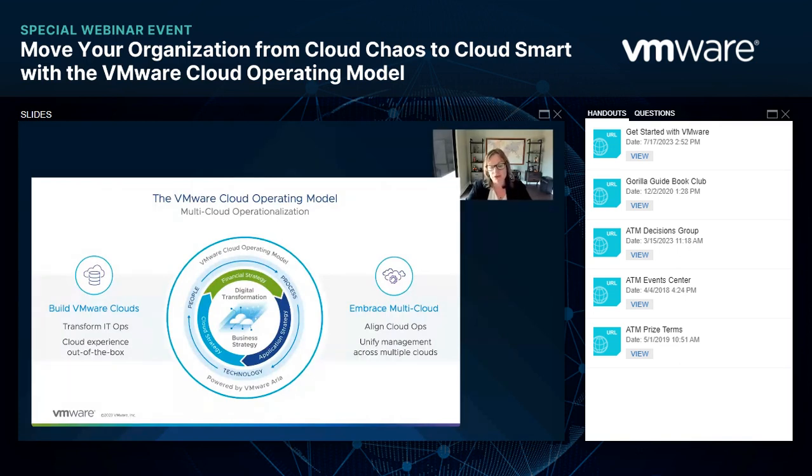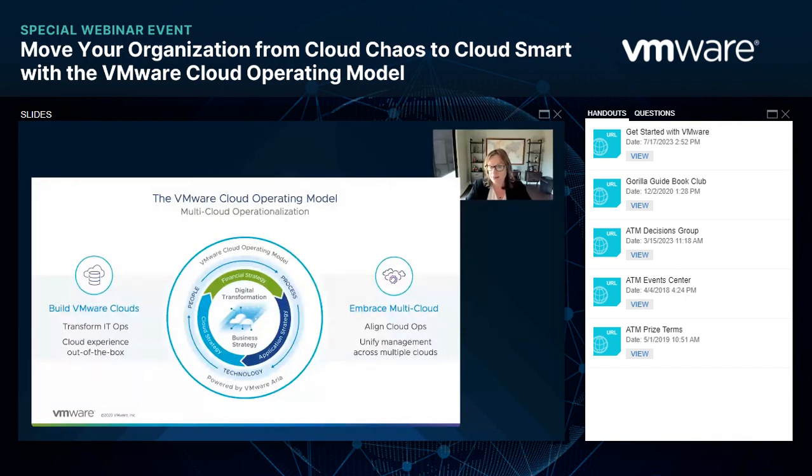And that is to transform those vSphere software-defined data centers into true clouds, to add those capabilities that really take your virtualized infrastructure and make it a cloud, the pooling of resources, the automation that will allow self-service of resources on those environments, to really give you that cloud experience out of the box.